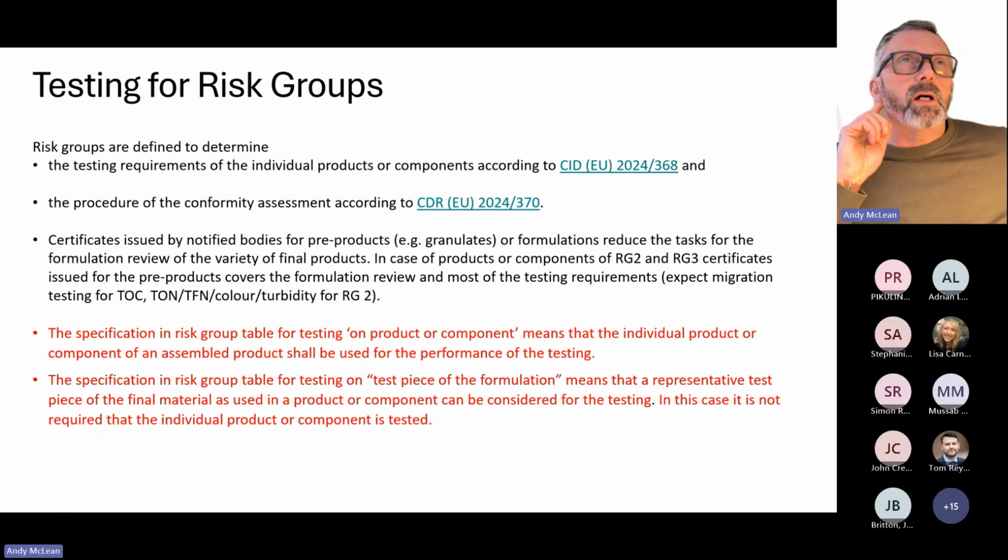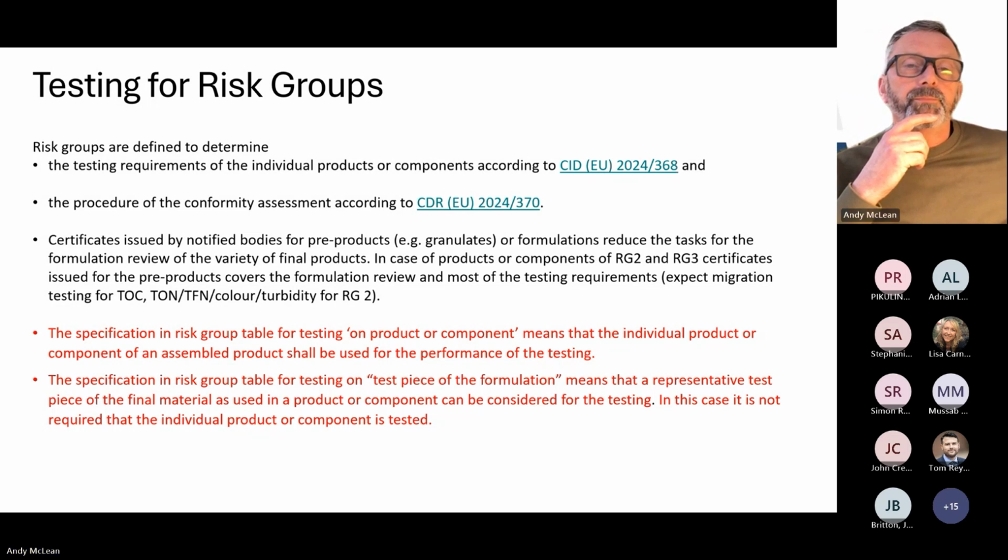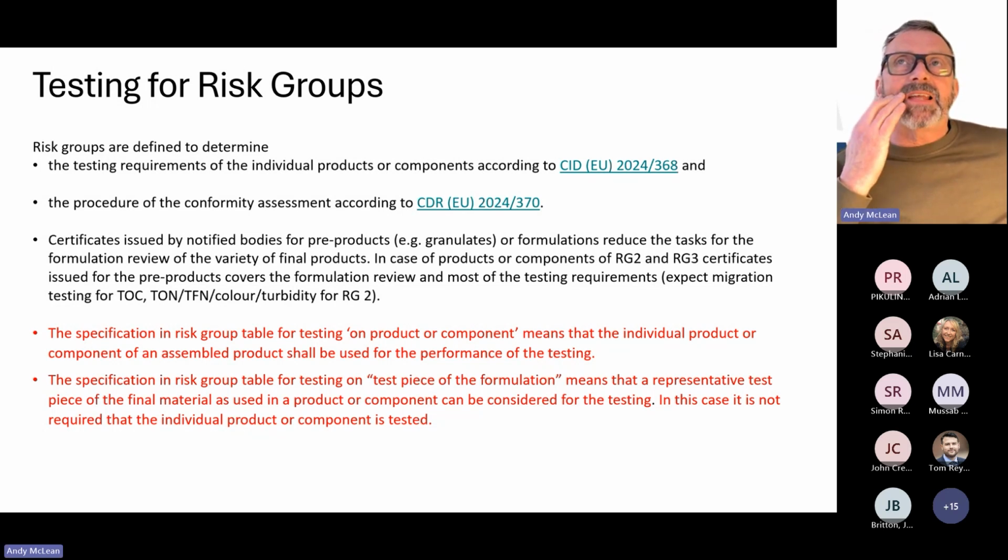I think if you molded a product, for example, I think then the test conformity body may ask for testing on the product because you've changed the properties of the product by the molding process.